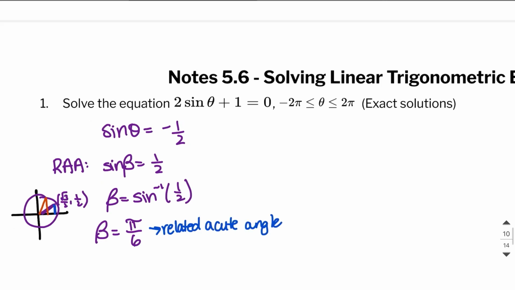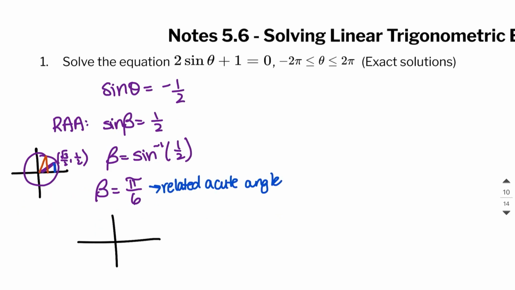But if this is our related acute angle, we need to figure out where our actual answer is going to be, because we want to know where sine of theta is going to be negative 1/2. Remember, sine is going to be negative in quadrants 3 and 4, because it is below the x-axis there. Our related acute angle is pi over 6. Here the range is from negative 2 pi to 2 pi, but I'm just going to look at what happens if I start at 0.